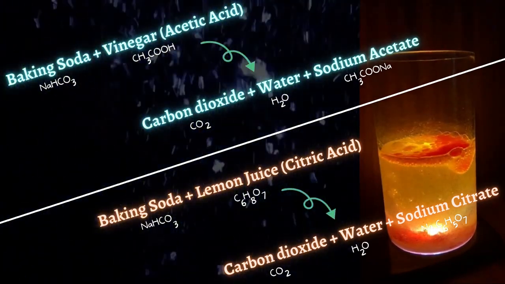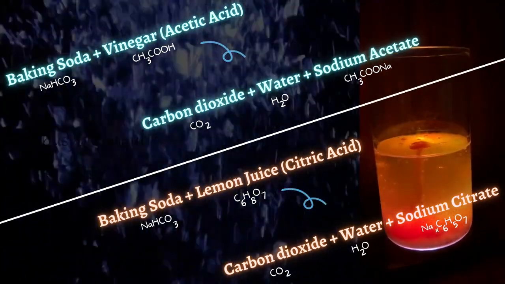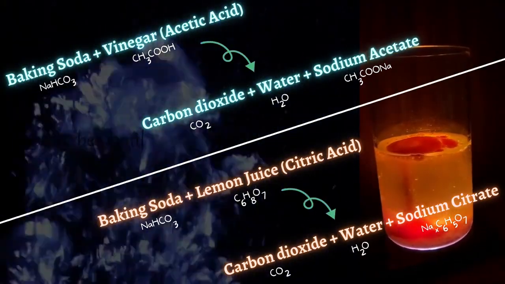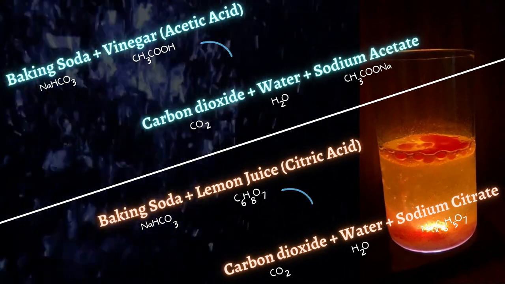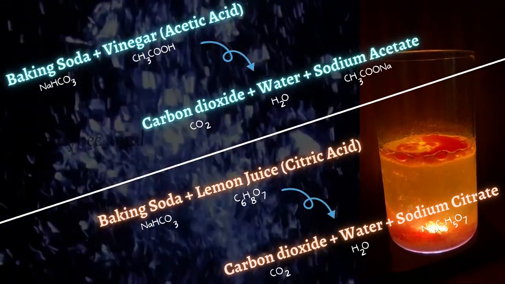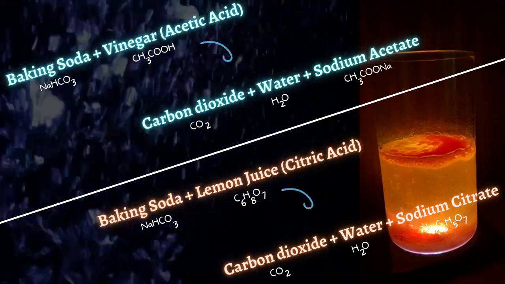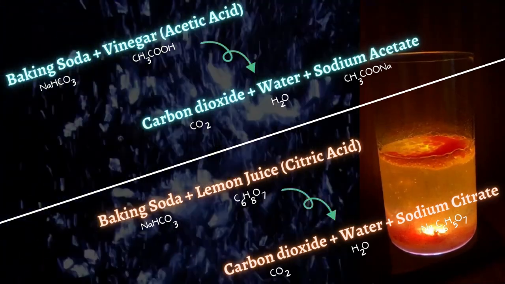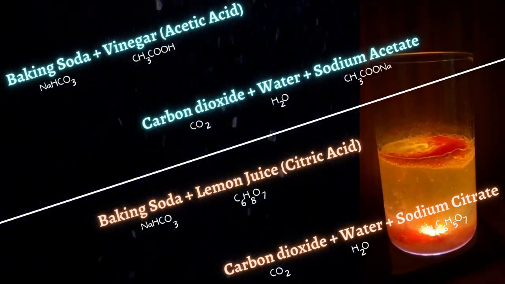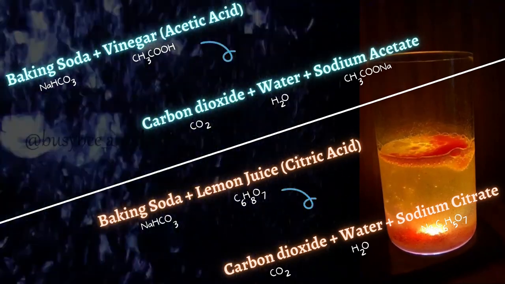In the same way, when baking soda is mixed with lemon juice, the resulting products are more or less the same except for the salt. Here the salt is sodium citrate. Usually, acid-base reactions are called neutralization reactions. So the resulting salt is going to be neutral or mildly acidic or mildly basic.